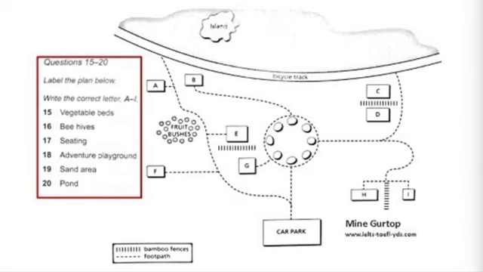Go up there and then you see there's a short path that goes off to the right. Go down there and that's the adventure playground area, above the bamboo fence. That fence does need repairing, I'm afraid.